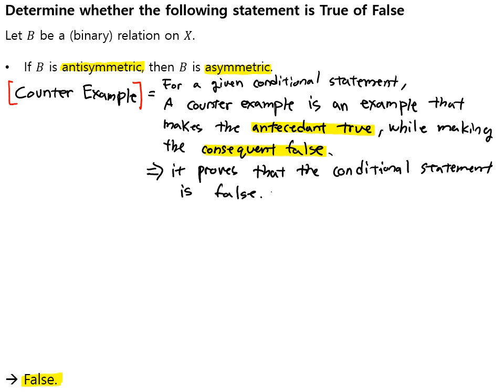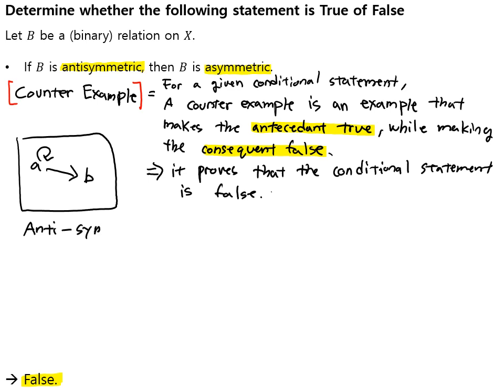And consider the example here. So suppose that there are two elements, A and B, and we have this kind of relation, right? So we can see here that the relation is anti-symmetric, yes.